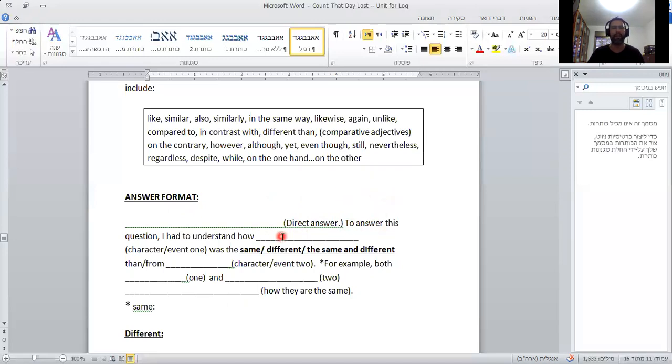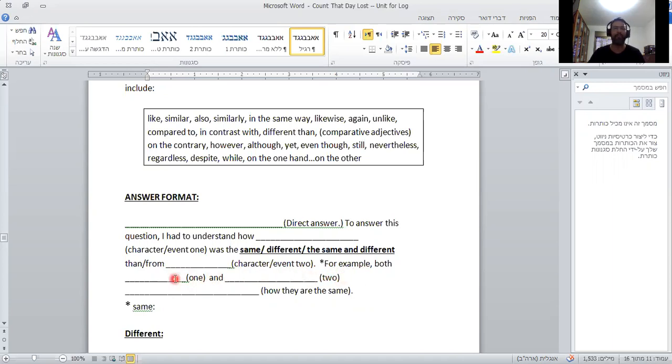To answer this question, I had to understand how apples are the same as bananas. For example, both are eaten by human beings and they are both considered to be perot in a diet.